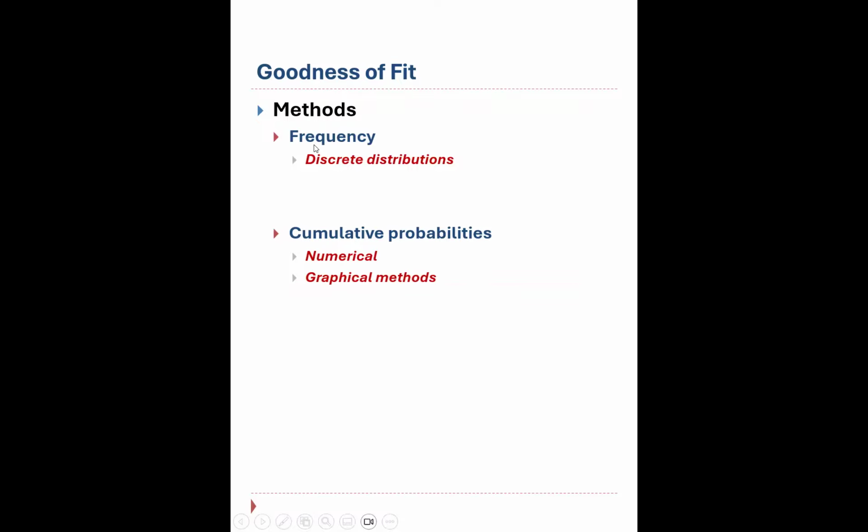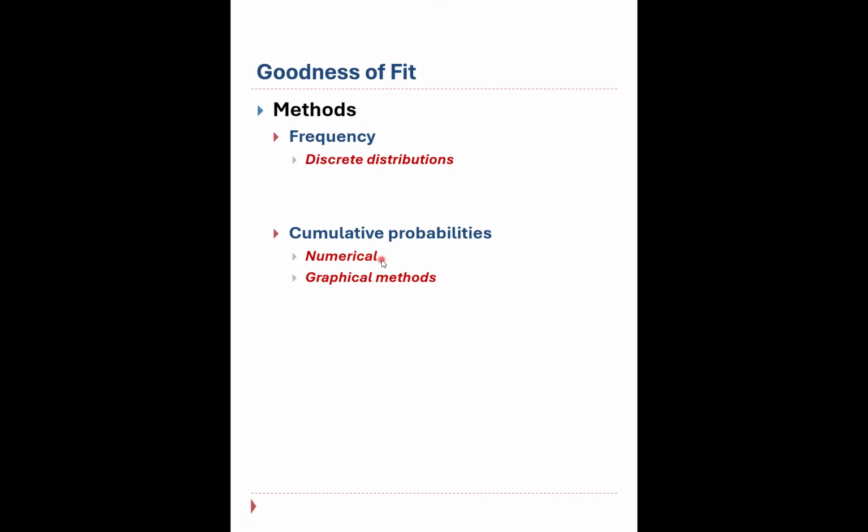So, a class of methods deal with the comparison of frequencies from the data and frequencies generated by the theoretical model. This is applicable to discrete distributions, and there are methods which compare the cumulative probabilities from data and from the model.